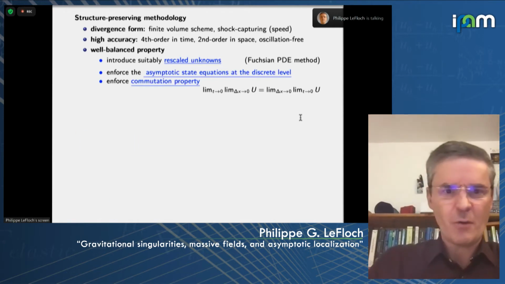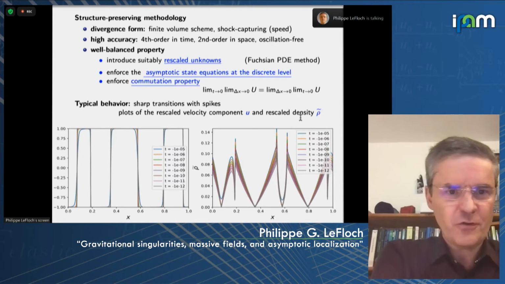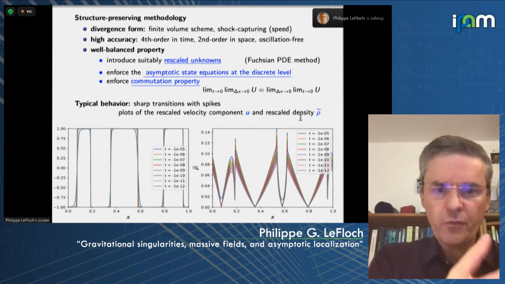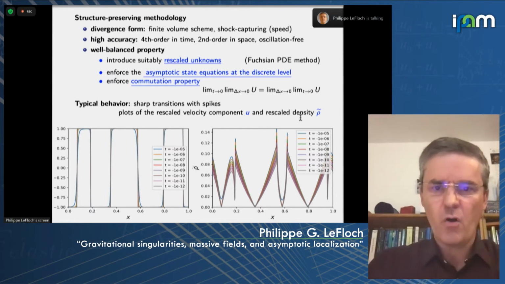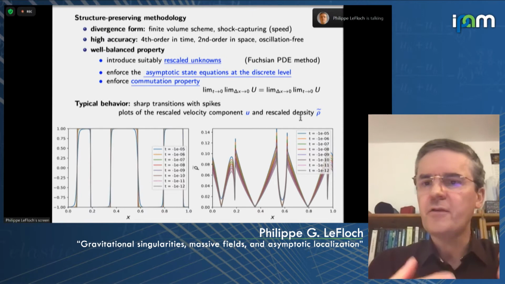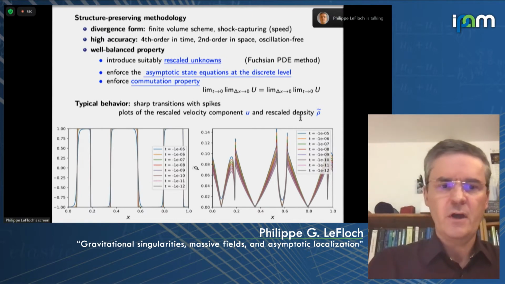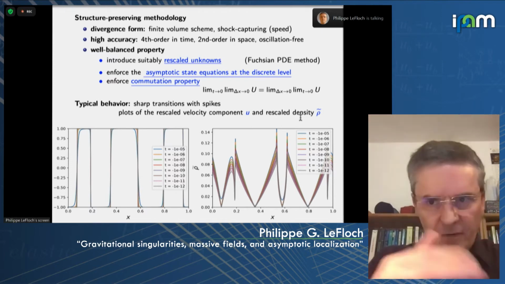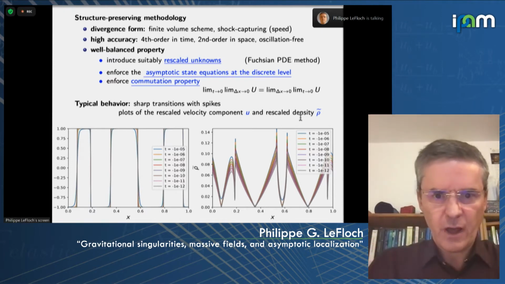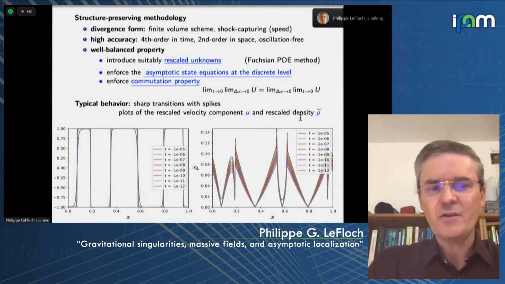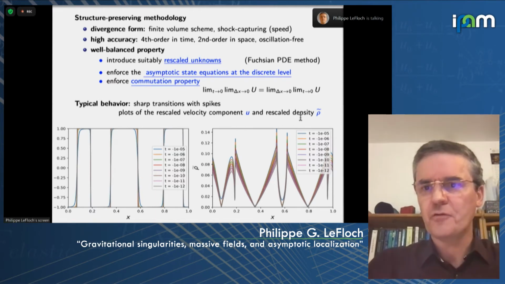So maybe I will not say more here and show you the results of the typical behaviors that we find at the singularity. This is a picture of rescaled quantities, a plot of a rescaled velocity component and the rescaled density. We see a certain pattern and structure at the singularity, which essentially comes from the geometry that has driven the solution.